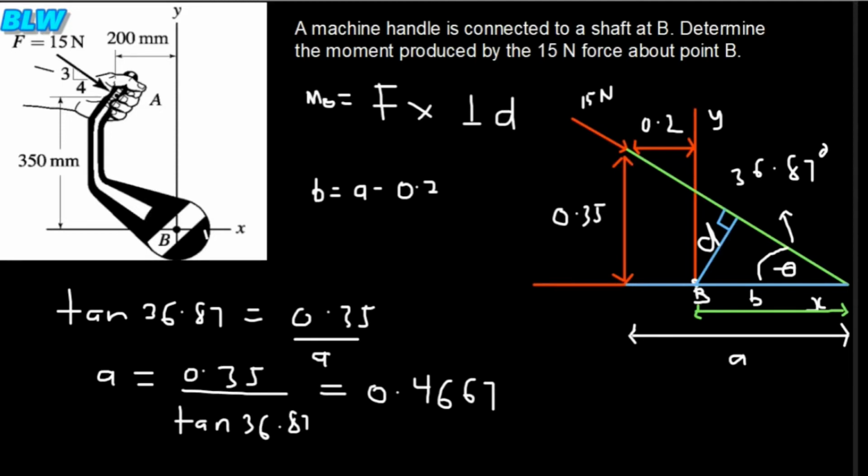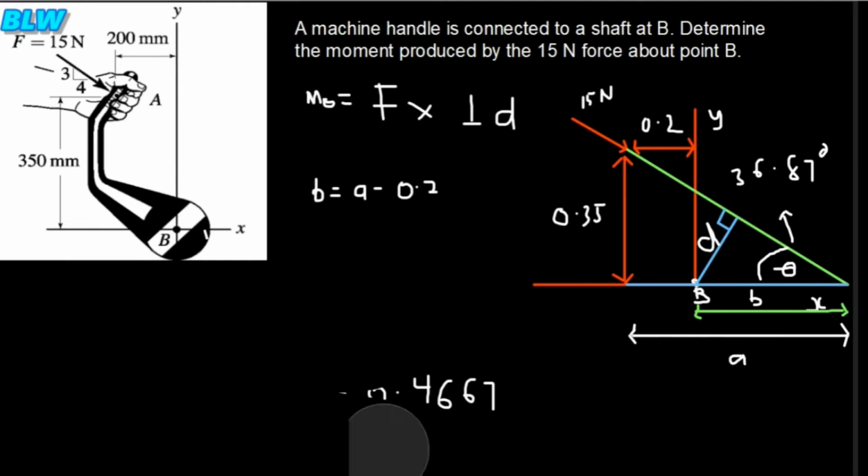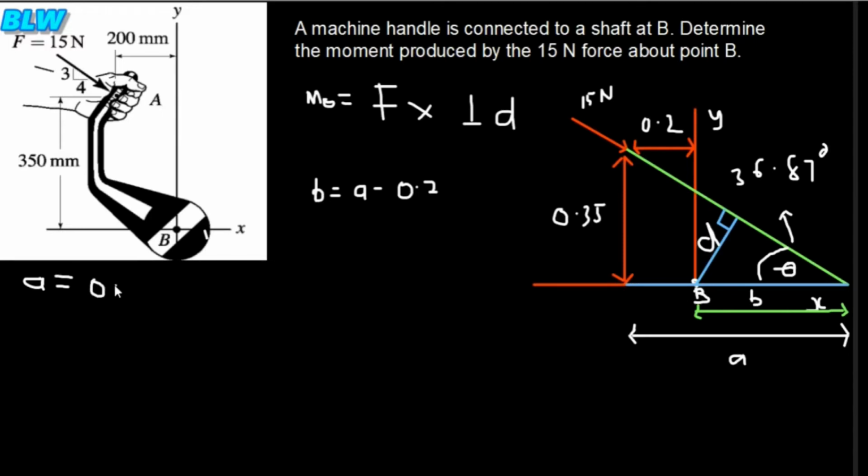So this is what I have for A. Let me clean all this and then write down my A. So I have A equal to 0.4667 meters. And I know that B equals A minus 0.2. So when you do this, you'll be able to know this B here.